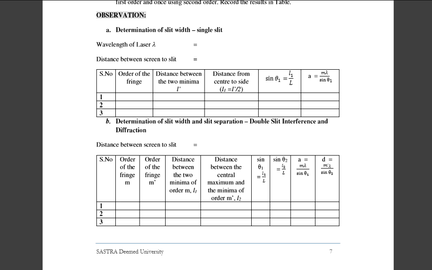Using these, find sin theta 1 and sin theta 2 and substitute those in A is equal to m lambda divided by sin theta 1 and d is equal to m dash lambda divided by sin theta 2 to get the values of A and d.